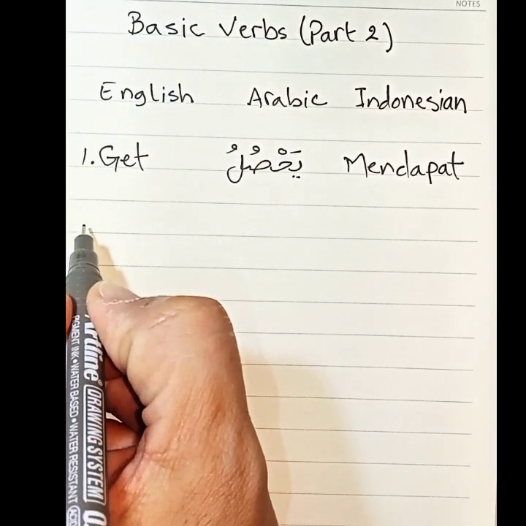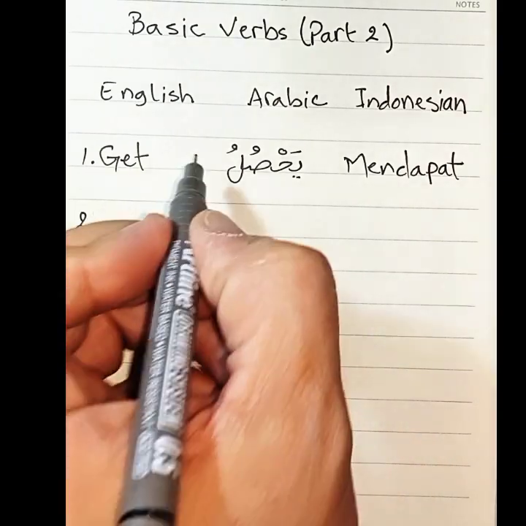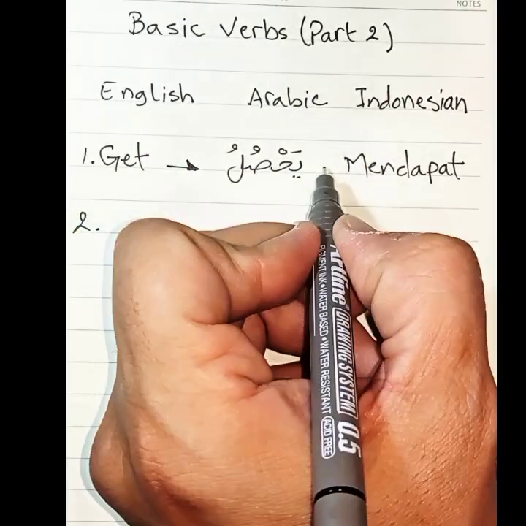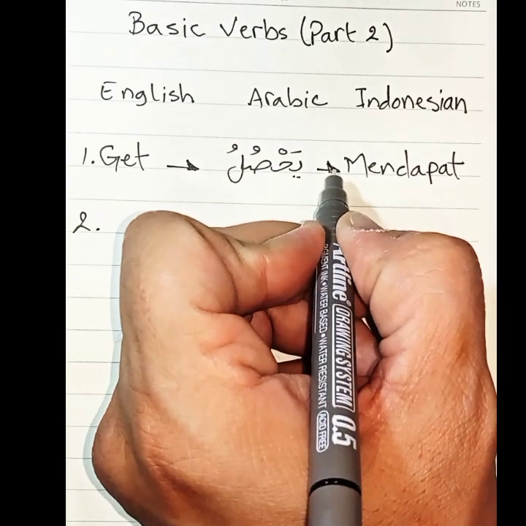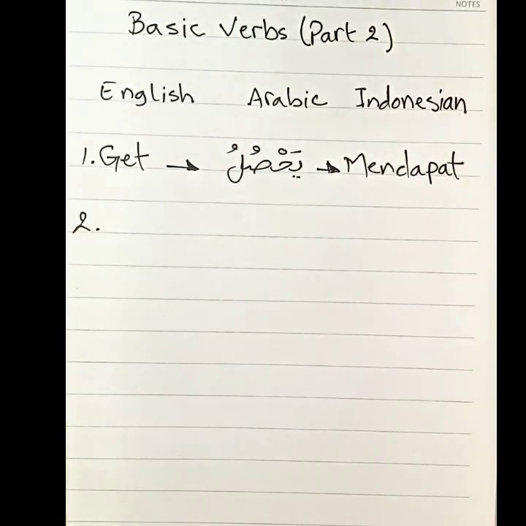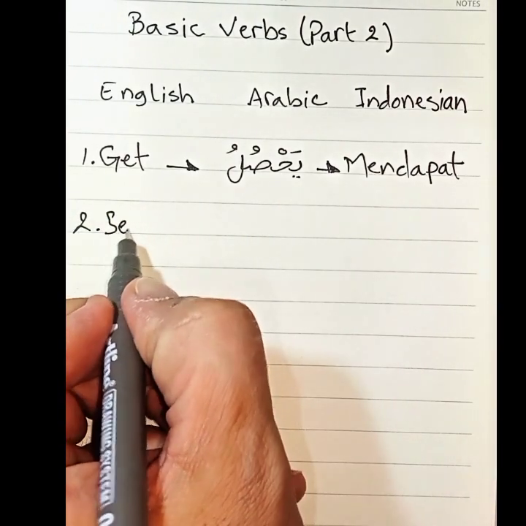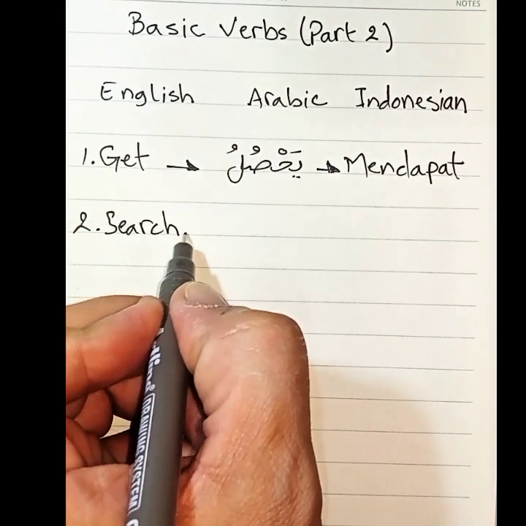And the opposite of get, if you don't get it, you look for it. It means you are searching for it. Let's make things look better first. Okay. Number 2 is search.